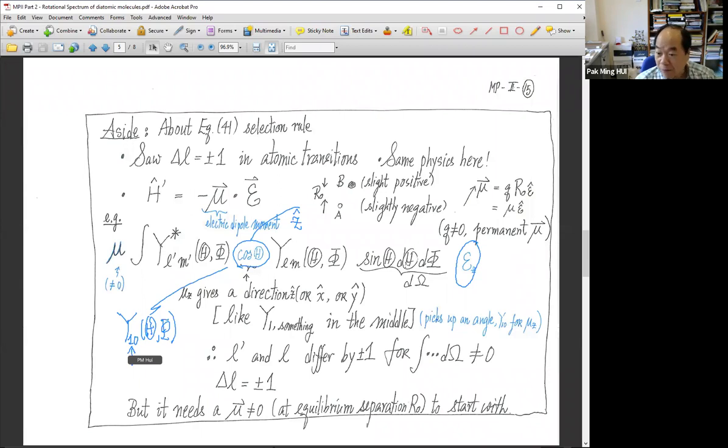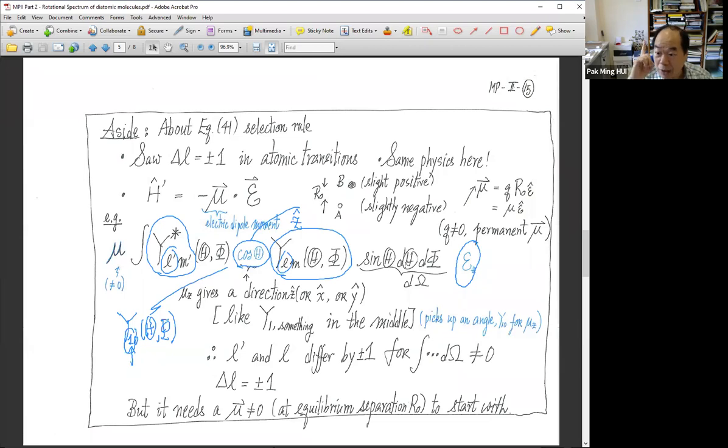It corresponds to something like L equals 1. Then you can look up the condition when you multiply three spherical harmonics, Y_L prime, Y_L, and the Y1 in between. When will that integral be non-zero? What you have in the middle only provides a 1. And the requirement is that these two, L prime and L, should be at most different by 1.